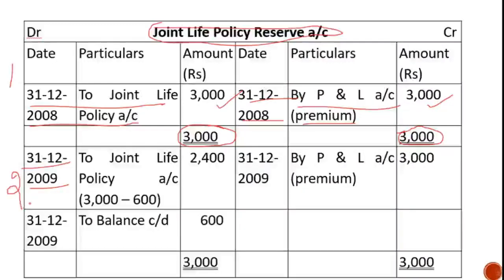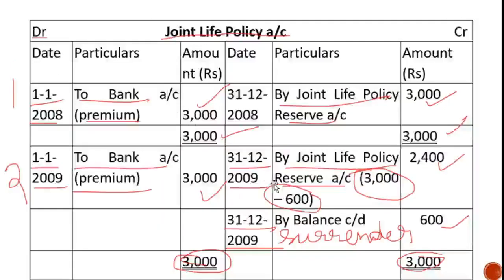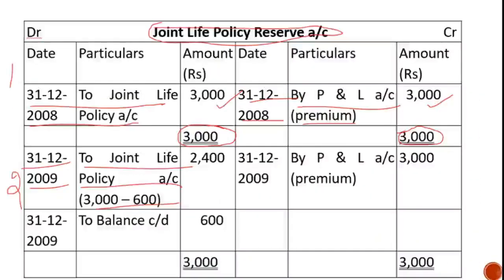Then coming to the second year, again you see the joint life policy account. In the second year, we have already transferred 2400, that reverse entry, which we are now passing, 2400.